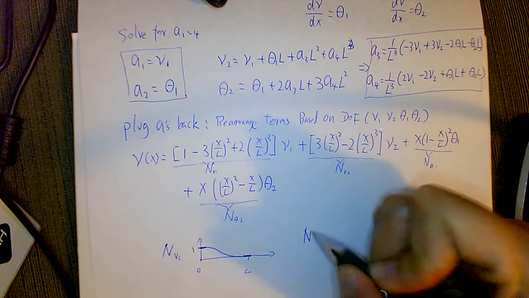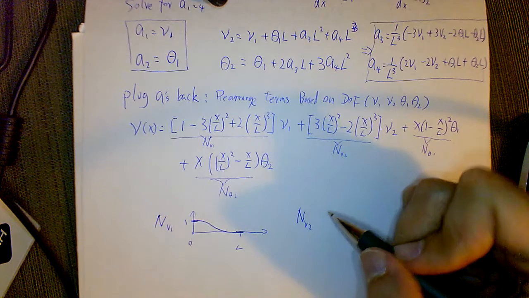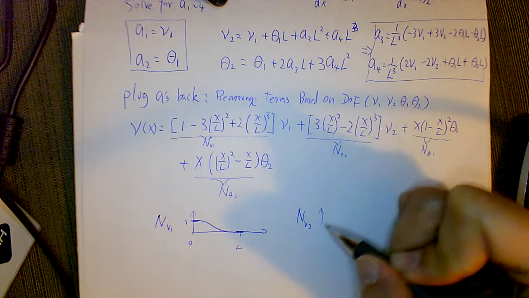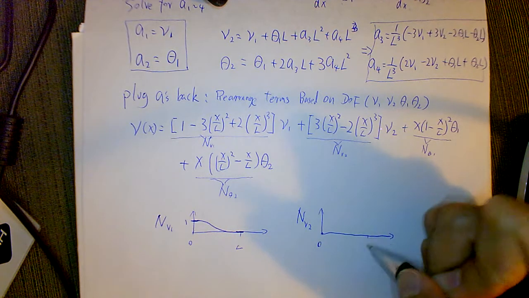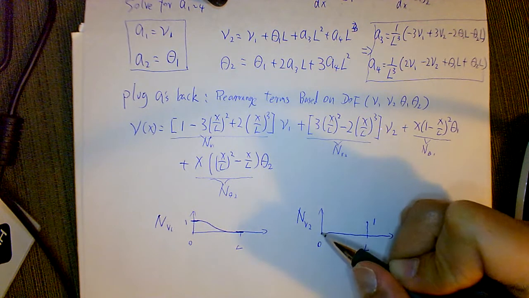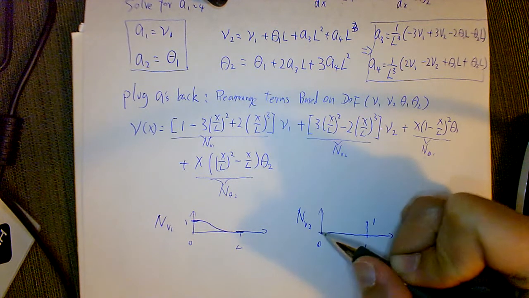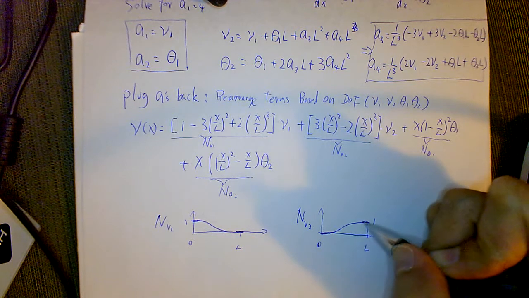Then you guess what NV2 will look like. 0 to L, and at here it'll be 1, and then here will be 0, and then flat perfectly. Come down here, flat perfectly.